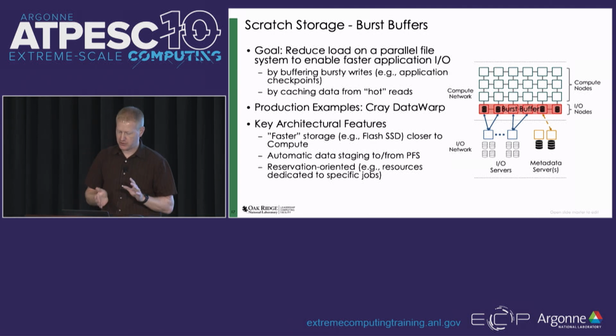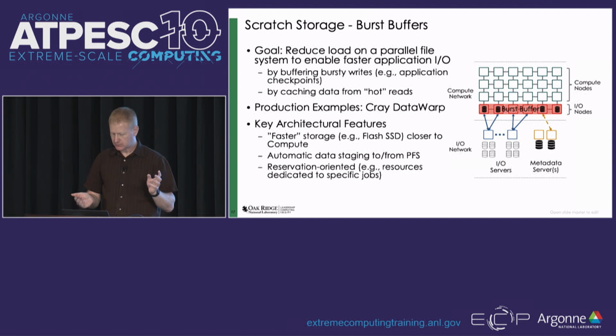But the architectural feature of this burst buffer layer technology is you take faster storage, typically SSDs, possibly flash SSDs, and you just move them closer to the compute. You get the automatic data staging to and from the parallel file system in the background to help overlap your I/O with your compute. And the other thing is, these are typically reservation oriented.